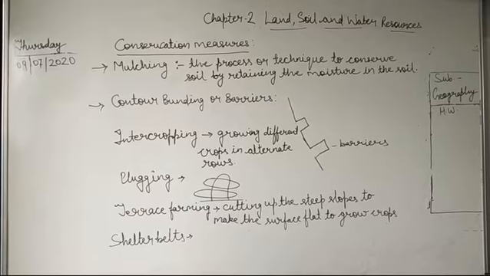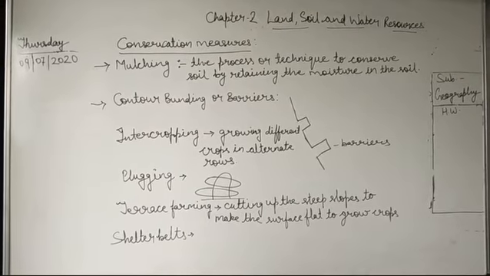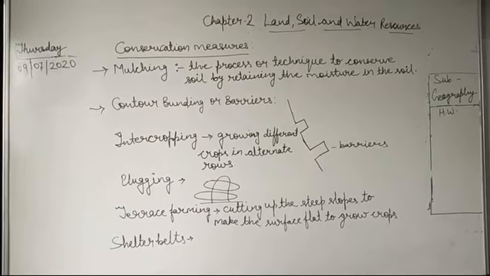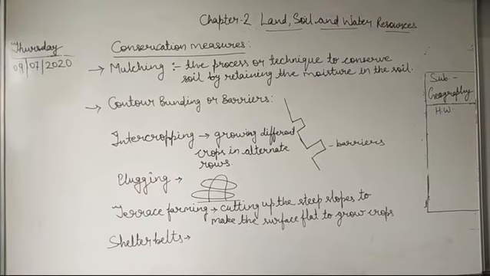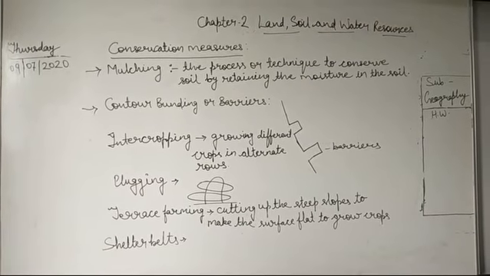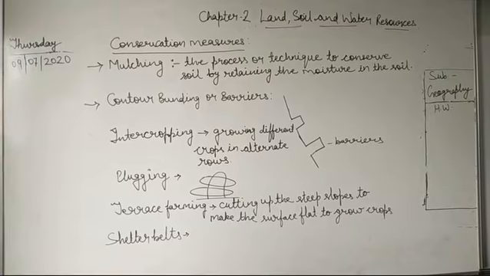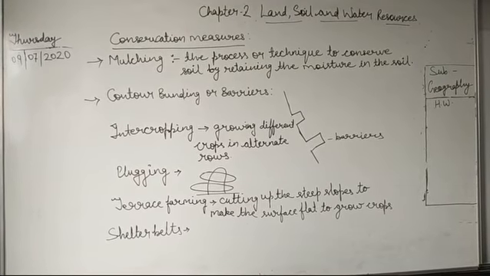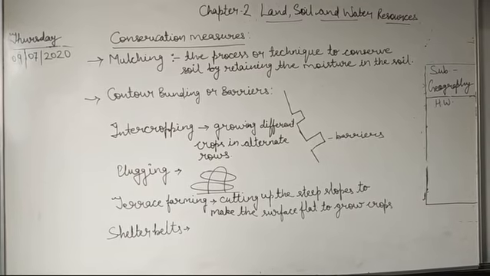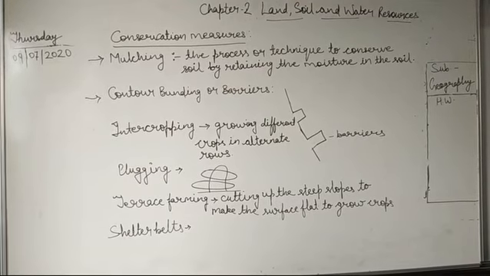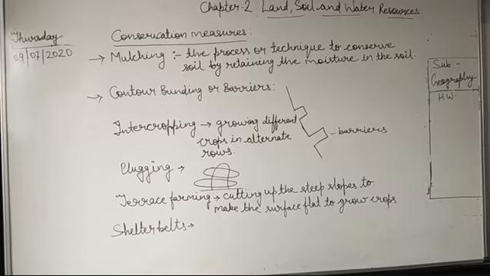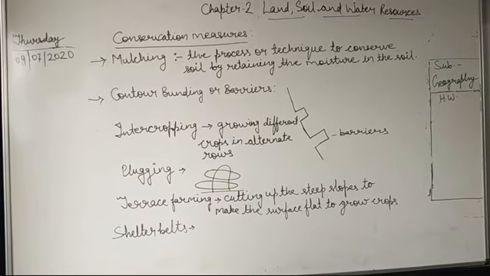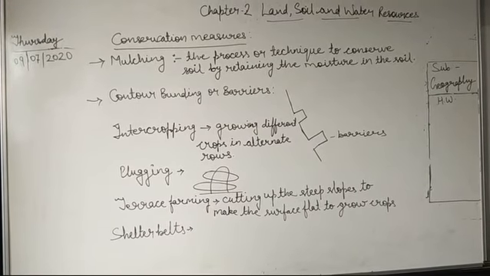Then plugging. In plugging, rocks are piled up to slow down the flow of water. As you can see in the diagram, when there are rocks, the flow of water slows down around them, and this prevents erosion by plugging the gullies to prevent soil loss.